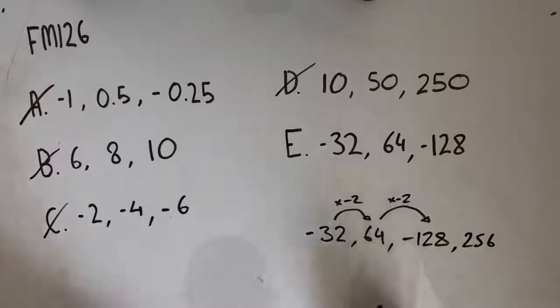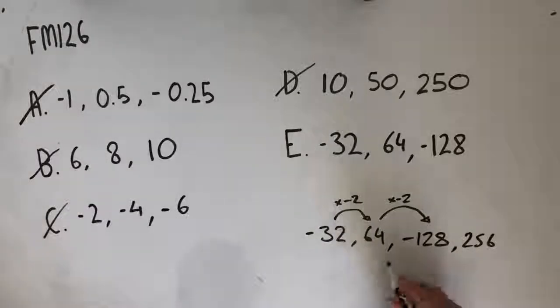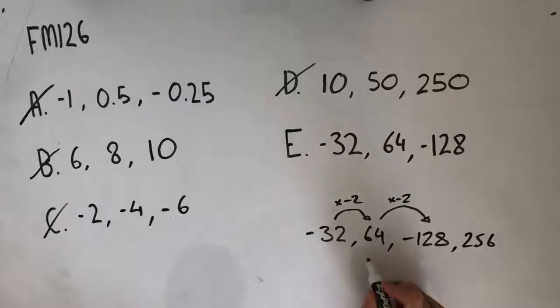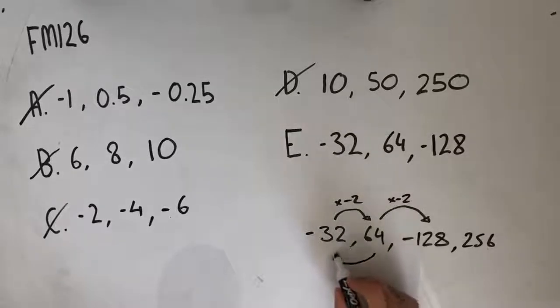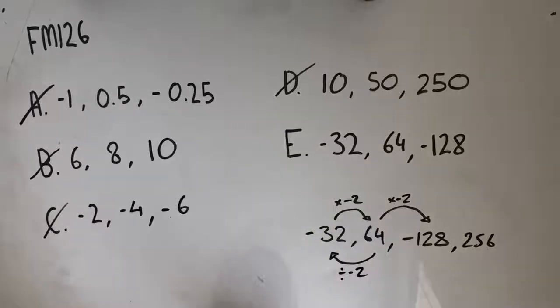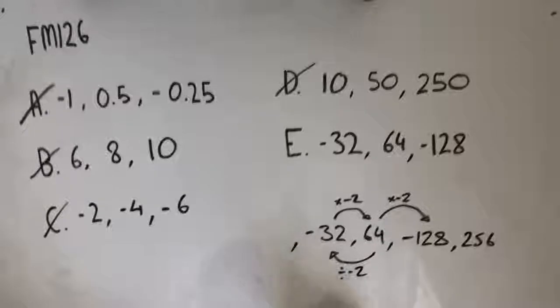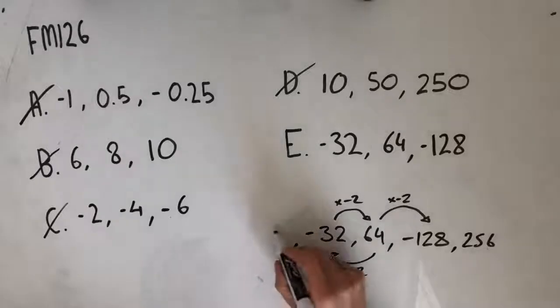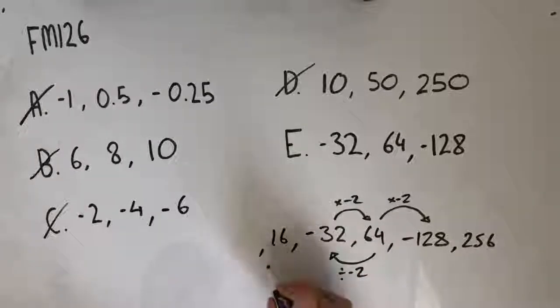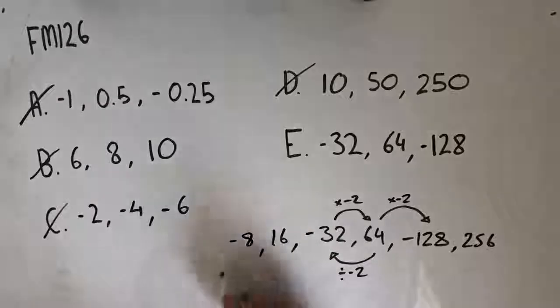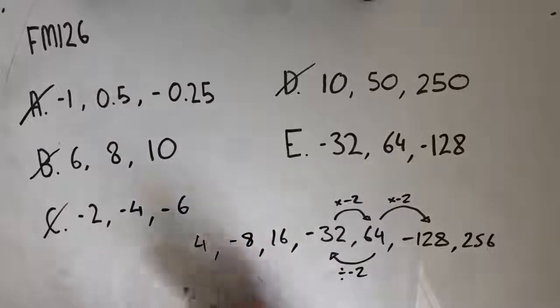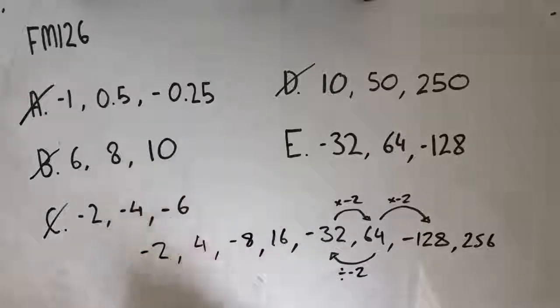Now, of course, this is moving in the wrong direction again, so we want to come back over here and go backwards, because we're timesing by negative 2 to move up the sequence. We're going to be dividing by negative 2 to move down the sequence. So dividing negative 32 by negative 2 should land us at positive 16, and then at negative 8, and then positive 4, and then negative 2.